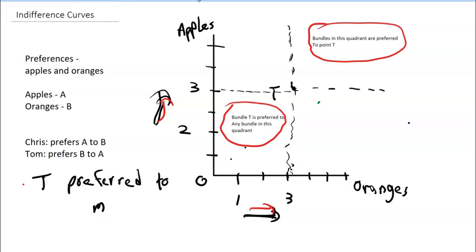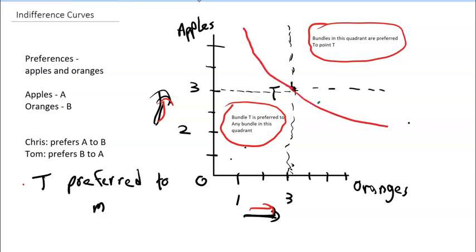What if I give you 4 apples and 5 oranges? Would you prefer that to T or not? Based on that, we can figure out certain points, maybe points here are preferred, points here maybe are not, and vice versa. Then we end up drawing a line that goes like this.